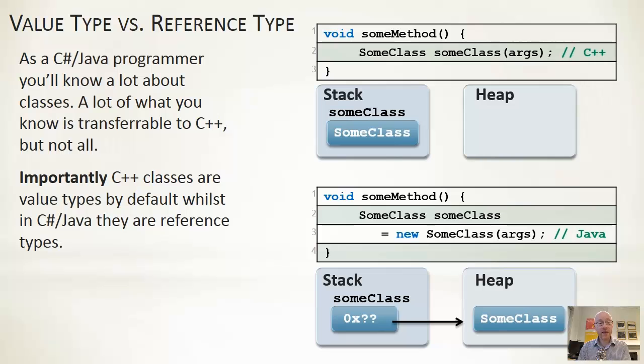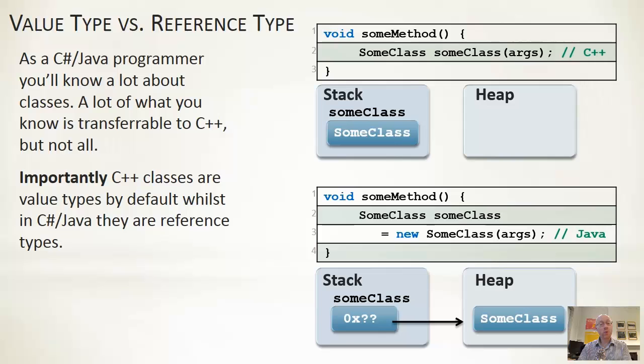Start off with the key difference. Within languages like Java and C#, managed languages in general, classes or instances of objects are generally accessed by a reference. If we have a look at the instantiation, normally within Java and C#, you see this in the bottom example on the right-hand side, where we have some method, we're creating some class equal to new instance of that class, and we're possibly passing in some arguments to a constructor.